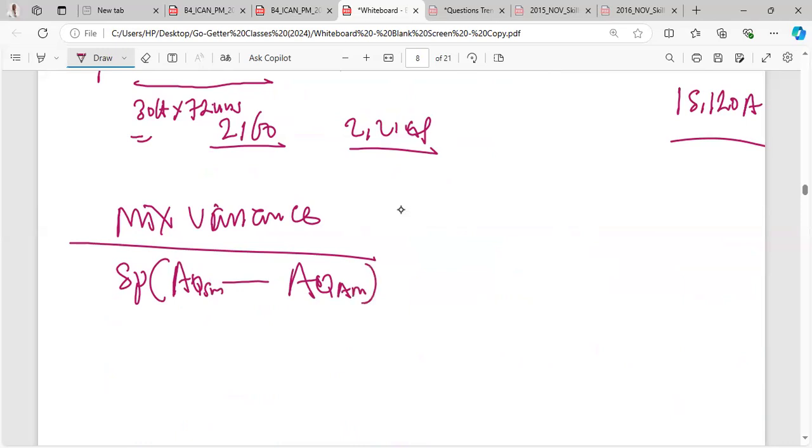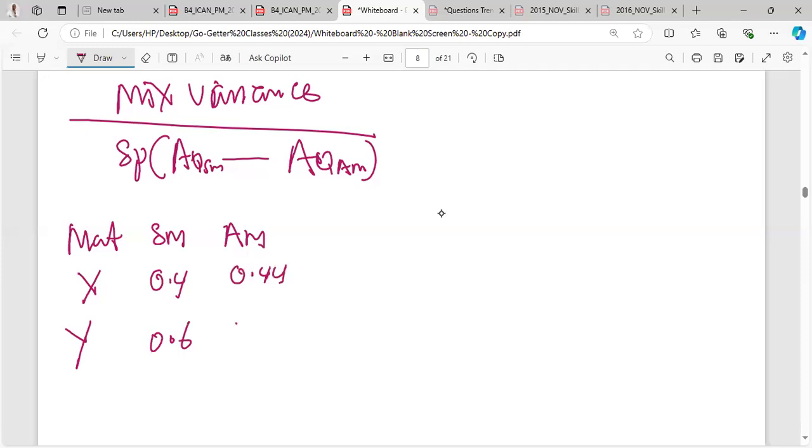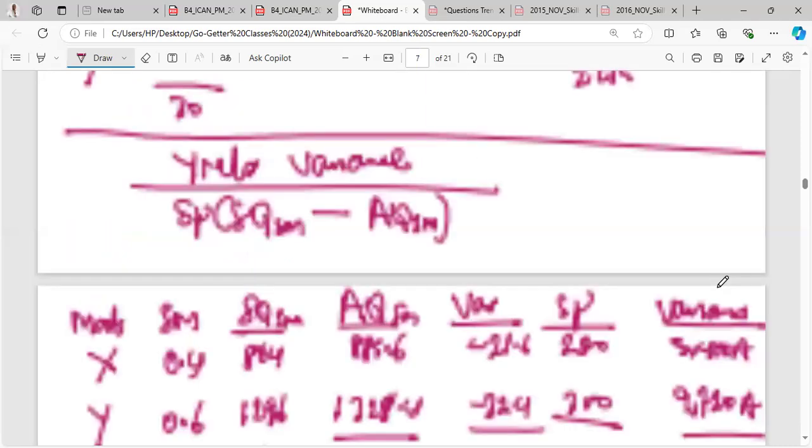We'll start with the material: this is standard mix, this is actual mix. This is X, this is Y. Standard mix here is 0.4, that is 0.6. Actual mix here is 0.44, and here is 0.56. I think that's what we established.